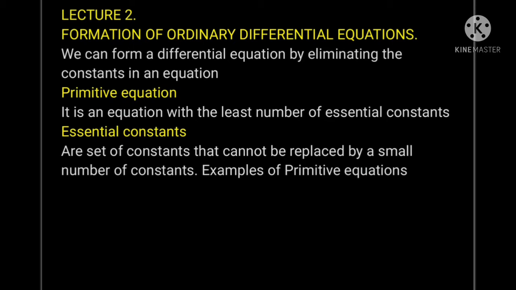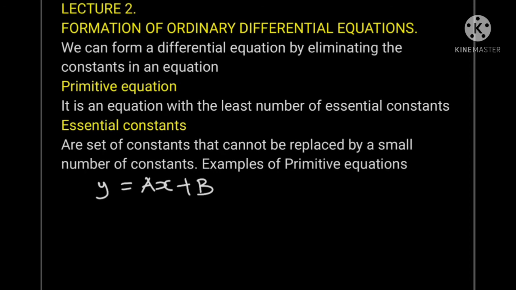Examples of primitive equations. Suppose we have y equals ax plus b. This is a primitive equation with two essential constants, a and b. Another one, y equals a exponential x plus b.